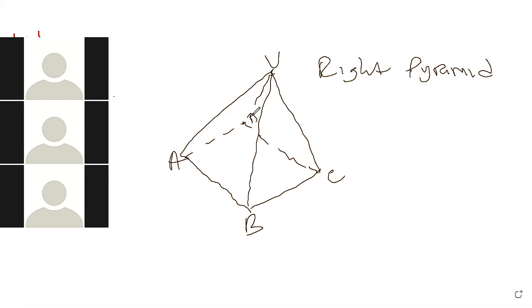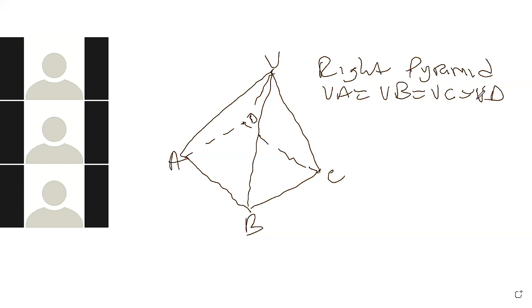In the pyramid I've drawn here, with the base ABCD and the vertex V, if it is a right pyramid, then VA is equal to VB, which is equal to VC, which is equal to VD. And the vertex V is vertically above the center of the base.